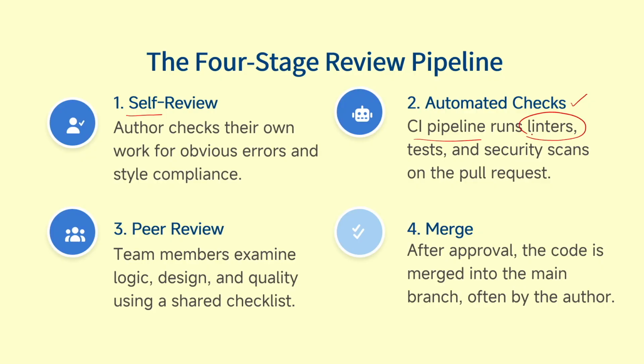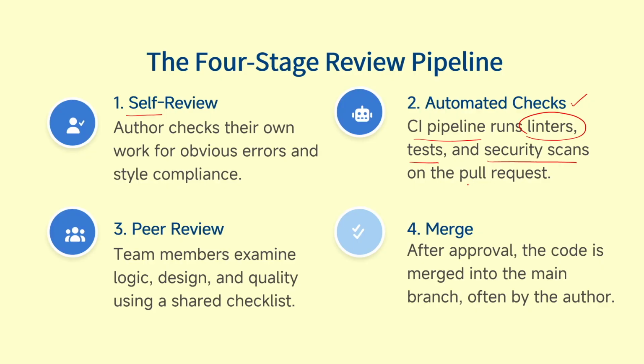Linters are software that is added to automatically check the code written by the developer. It will also run the test cases and do security scans. For example, if the project has a non-functional requirement of better security, that will also be considered by the linters.